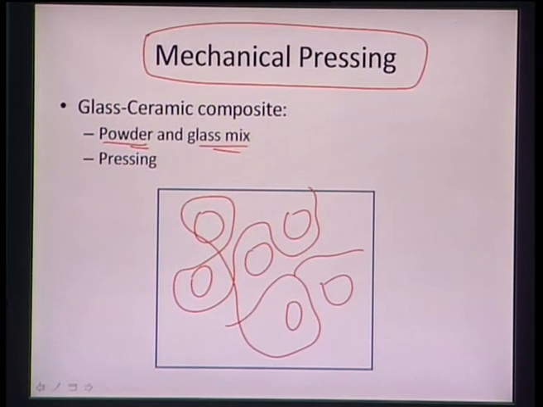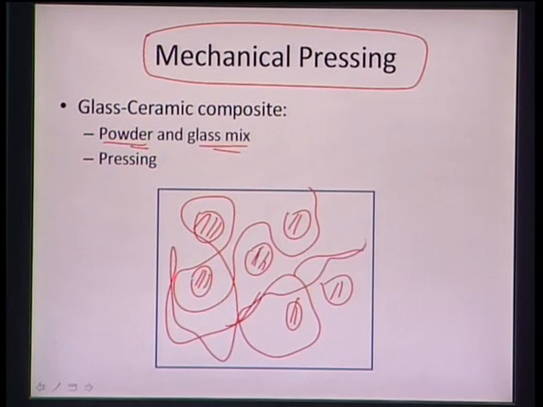So, we have solid ceramic particles, and a glassy phase covering the entire regime, and then we mechanically press it, so that we get a structure with particulates surrounded by a liquid or glassy matrix. That produces a glass ceramic composite.